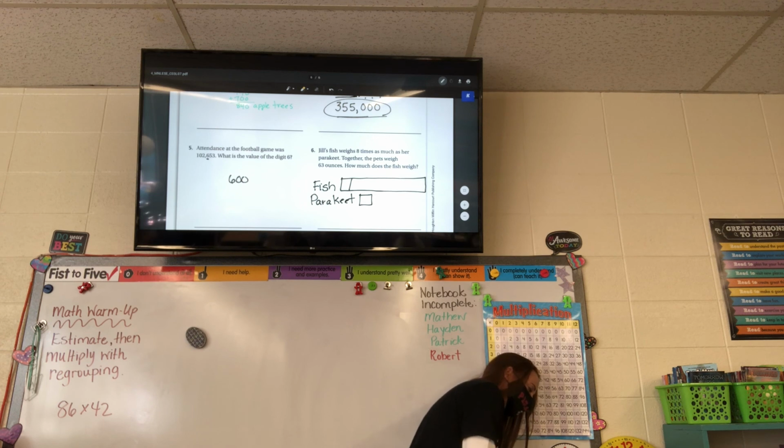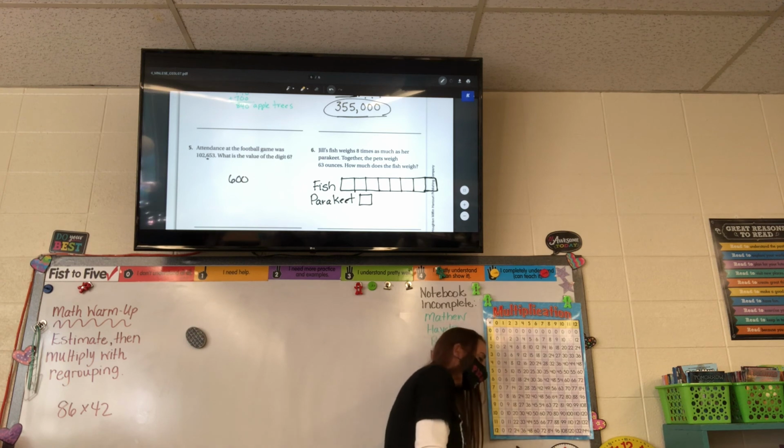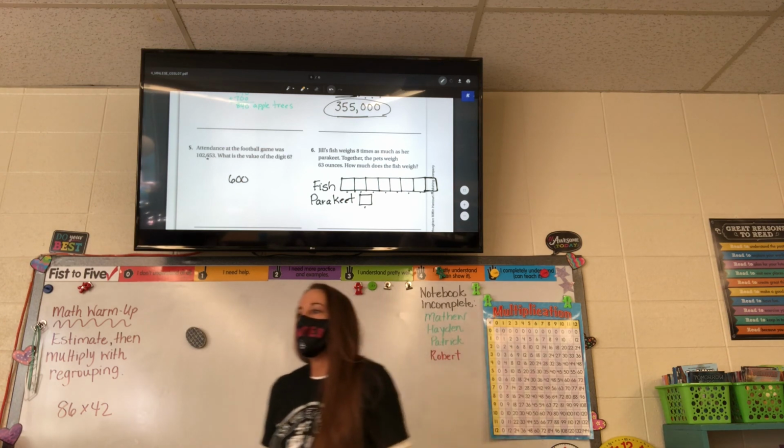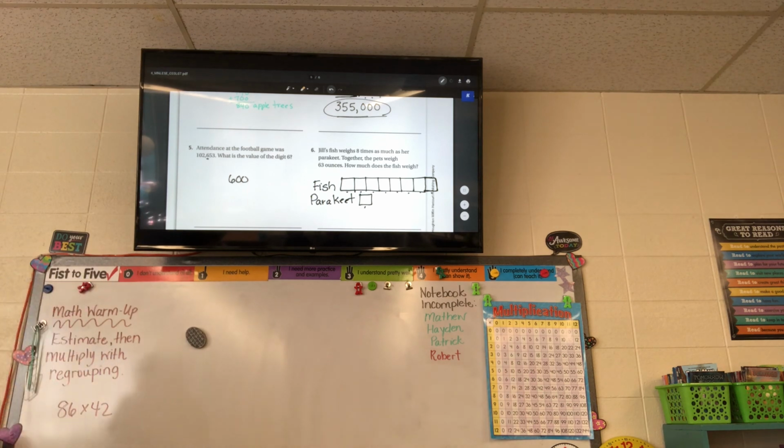So how many boxes go next to the fish? 8. 1, 2, 3, 4, 5, 6, 7, 8. Okay, so together they weigh 63. So all together, these 1, 2, 3, 4, 5, 6, 7, 8, 9 boxes add up to be 63.